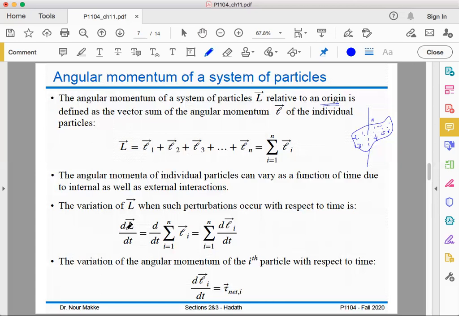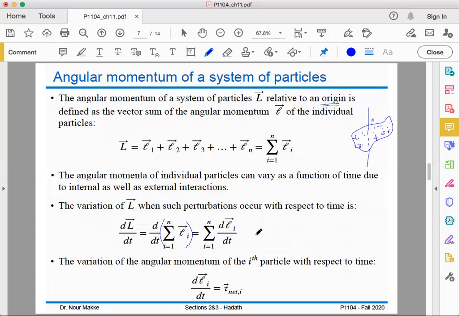So the derivative of L with respect to time is the derivative with respect to time of, we replace L by sum over i of Li. نجي بس بنحطها بقيمتها، هي عبارة عن summation Li over i, right? And so this is nothing else than the summation over i of, طبعا the derivative acts only on the angular momentum وبالتالي هي derivative of Li with respect to time.